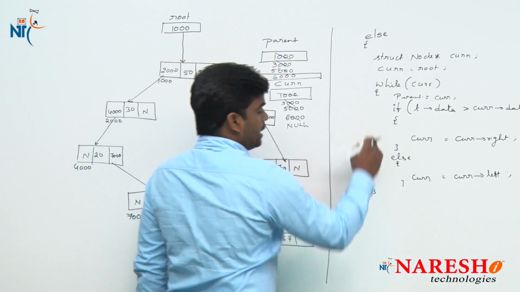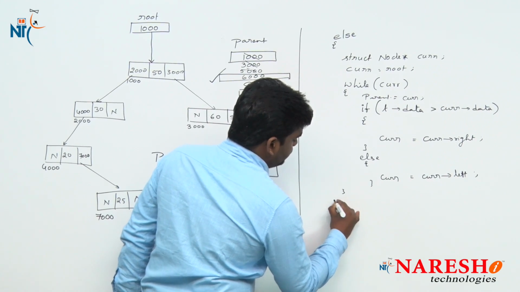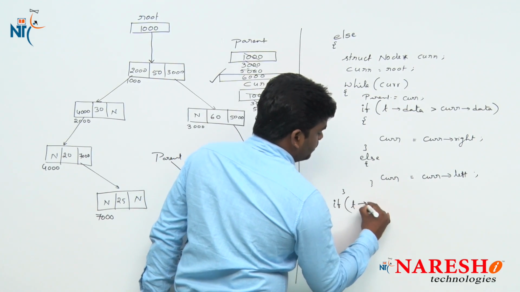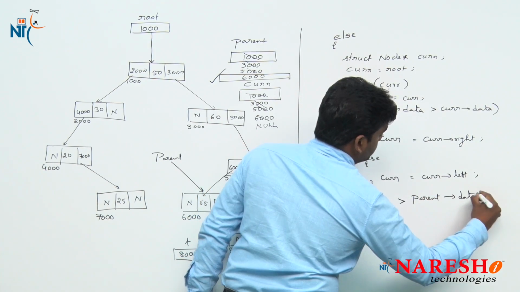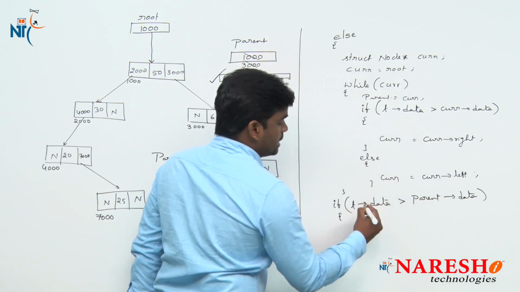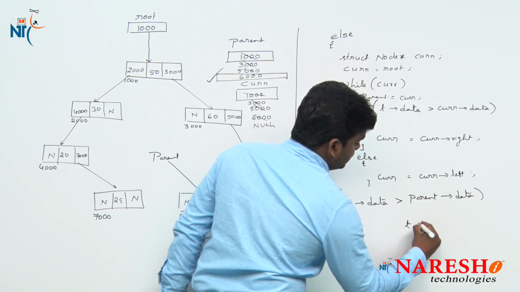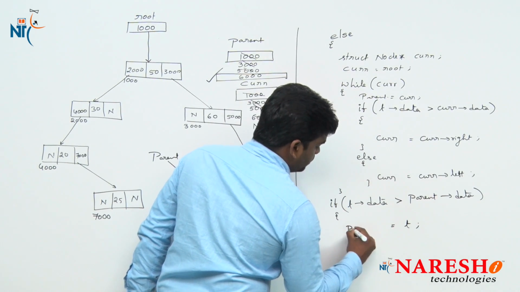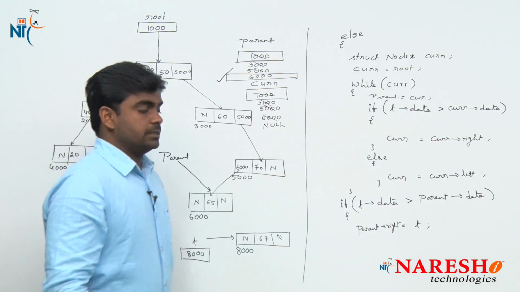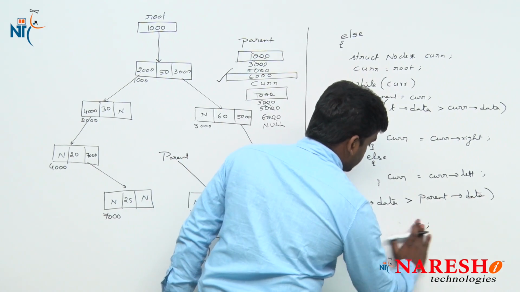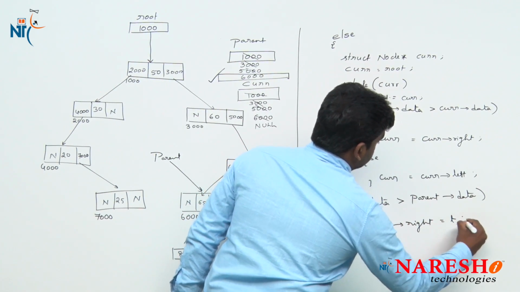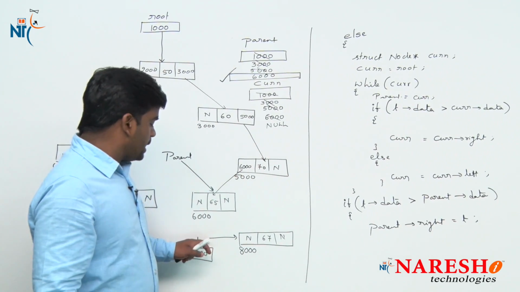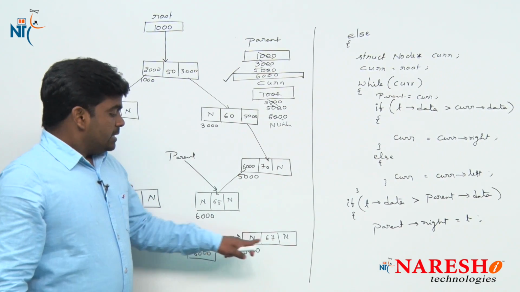Once again, after while loop execution, if T2 data is greater than parent to data, please connect that T to parent to right. Here it is, so clearly I am writing. T value we are connecting to parent to right. So what is the T value? It is 8000, right?